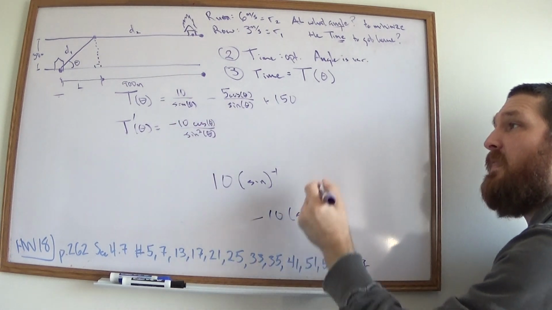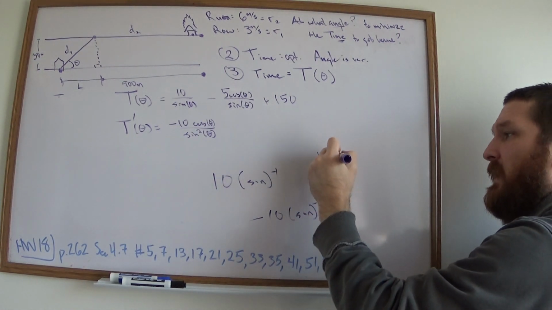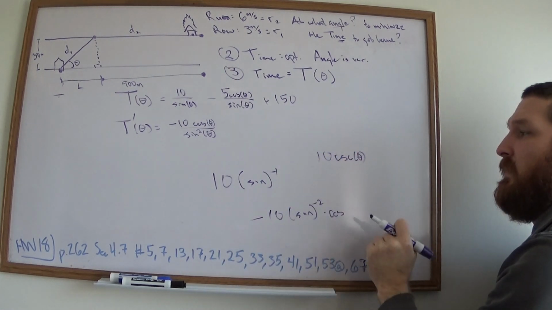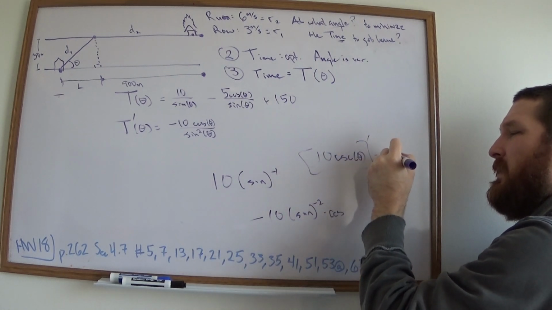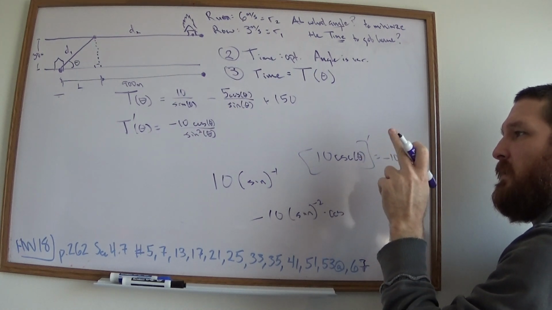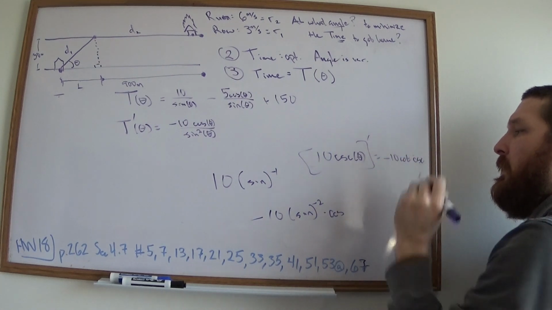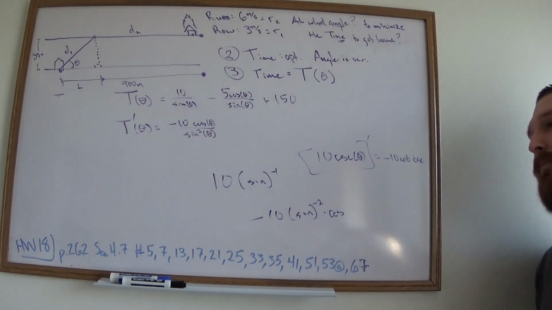Now, if you had done this as instead of written this, it would have been cosecant, 10 cosecant theta, you take the derivative and you'd find that the derivative of this is -10 cotangent cosecant. And you'll see in a minute why just keeping it in terms of sines and cosines is almost always easier.